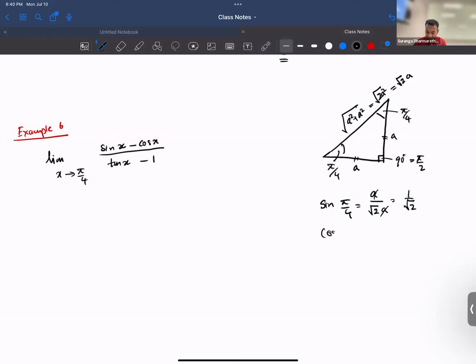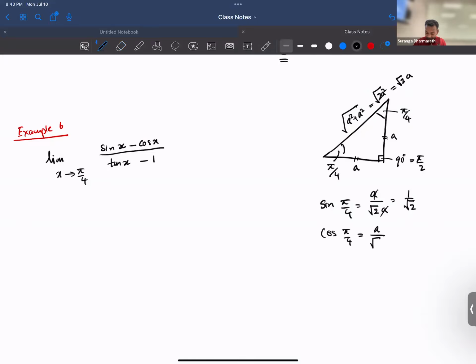What is cosine pi over 4? Adjacent side divided by hypotenuse, right? A divided by what? What is the hypotenuse?